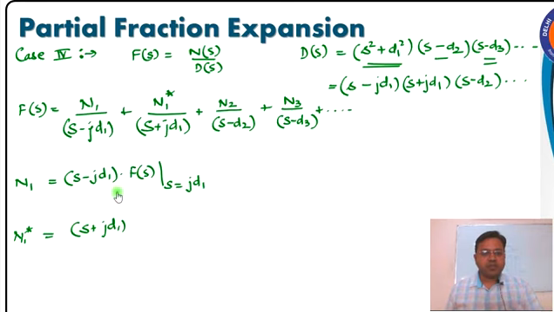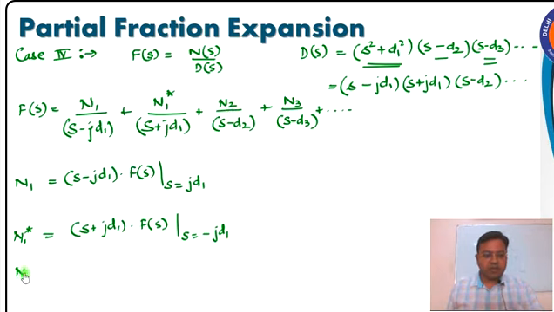So I will multiply this factor with f of s, and then substitute s equal to minus j d1. That is, equating this to 0, I get s equal to minus j d1. The solution from this will give me n1 star.